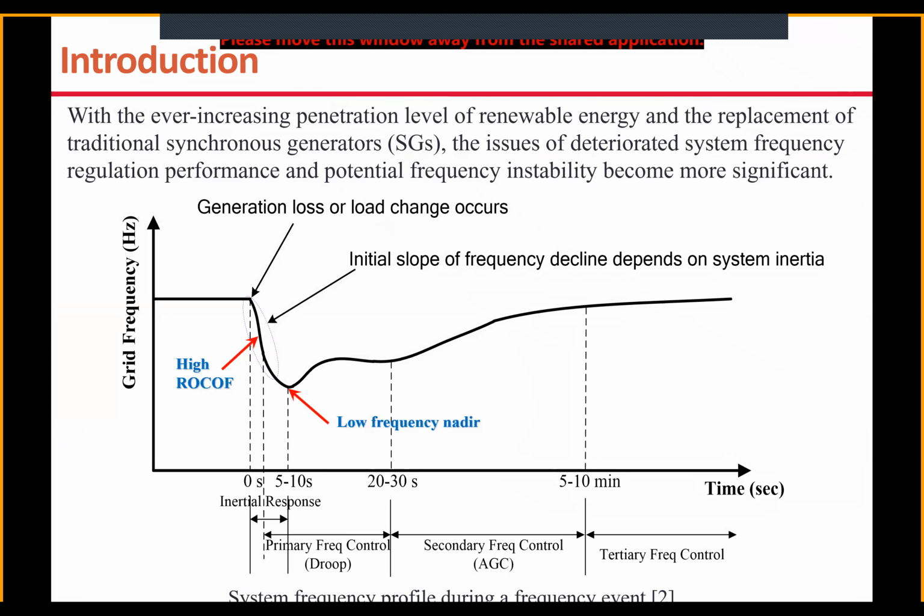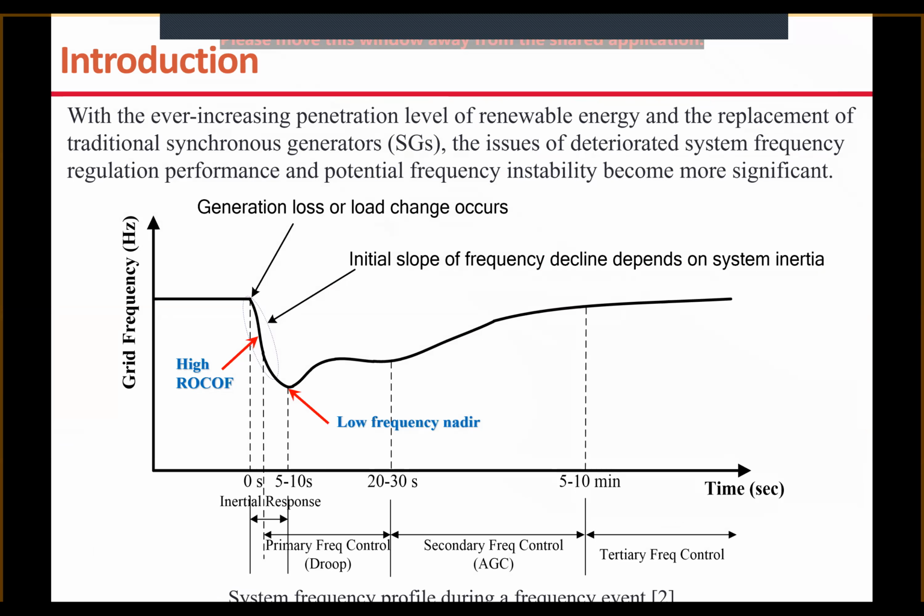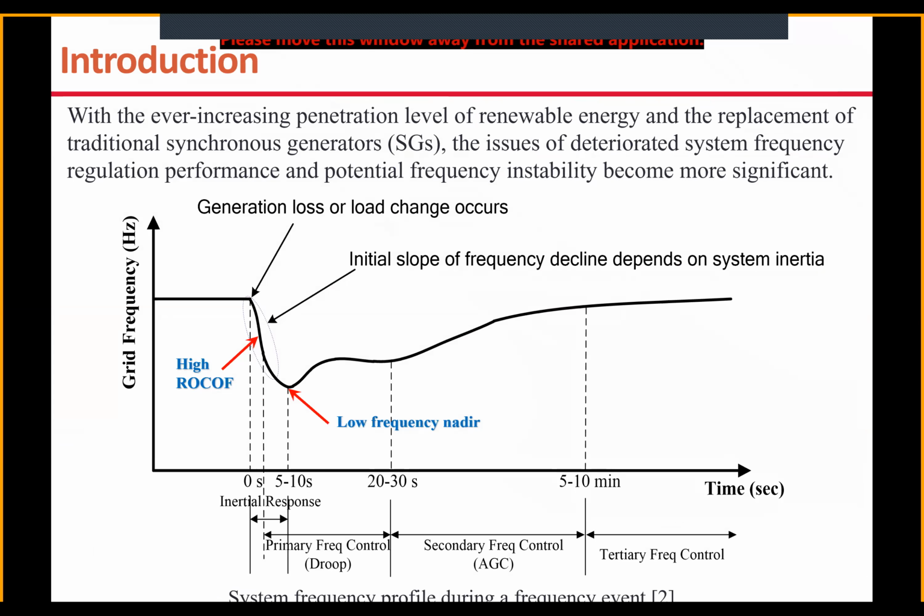And in power system operation with ever increasing penetration level of renewable energy, the frequency regulation will deteriorate. For example, in this picture I show the frequency deviation after some event.